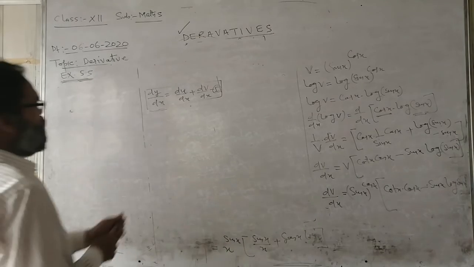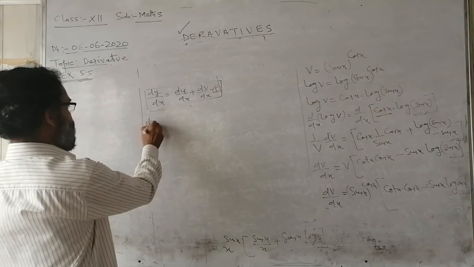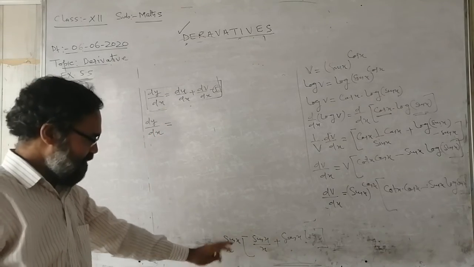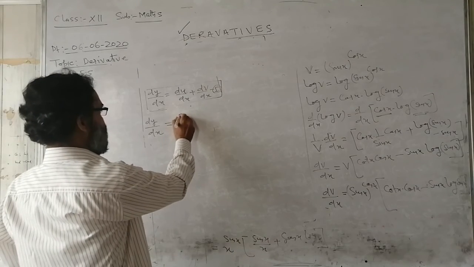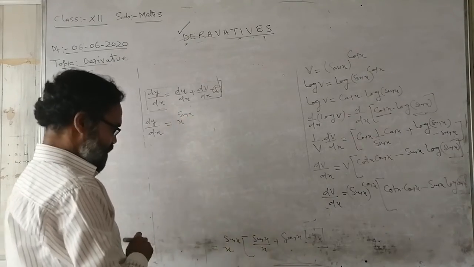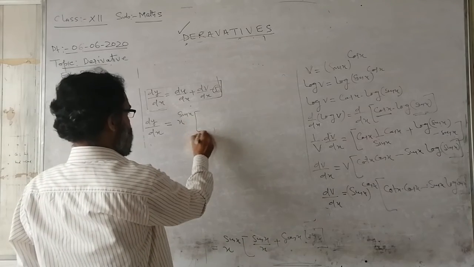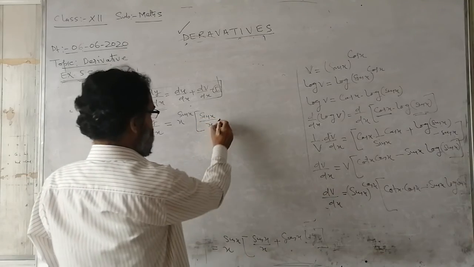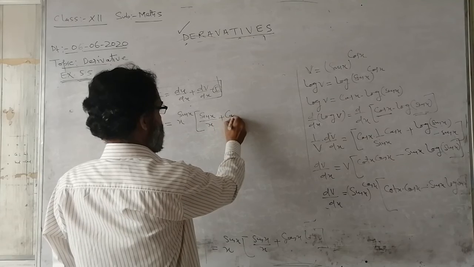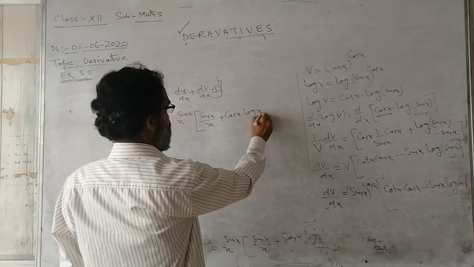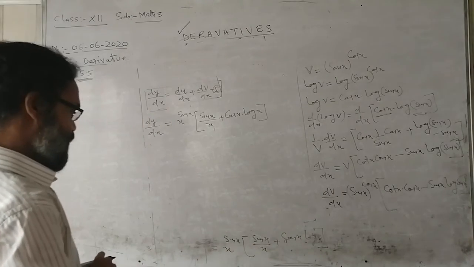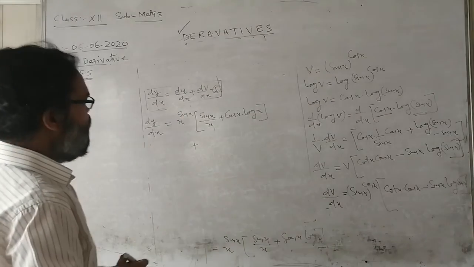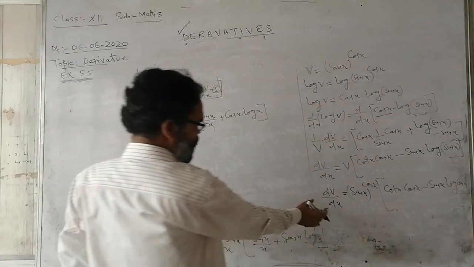Now here in this equation, dy upon dx, I have found this value and I can write it as x raised to power sin x into sin x upon x plus cos x into log of x. So this was the value of du upon dx plus the value of dv upon dx. The value of dv upon dx is here.